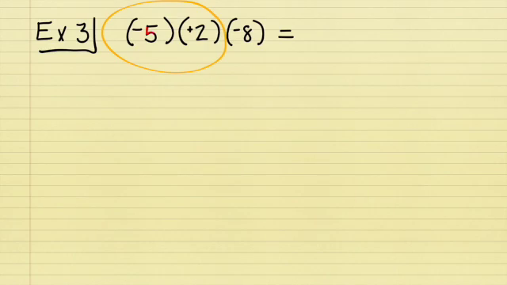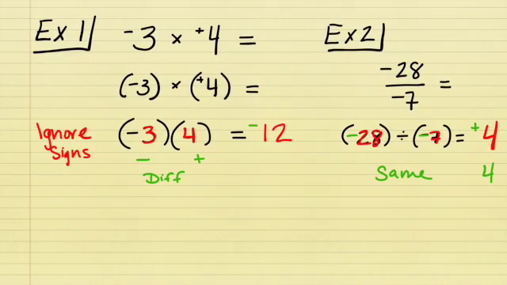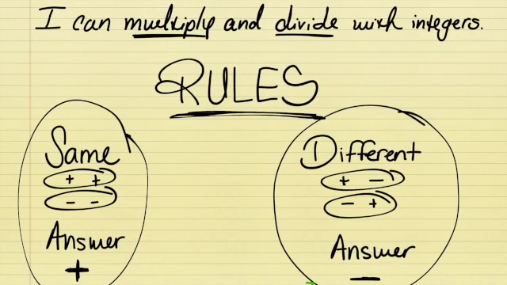So what do we have in our first 2? We have a 5 times a 2, and we're going to run this like drop down work. 5 times 2 is 10. I'm going to write it down here. And then if I look at my signs, I have a negative and a positive. They're different. And I know that different signs give me a negative answer.